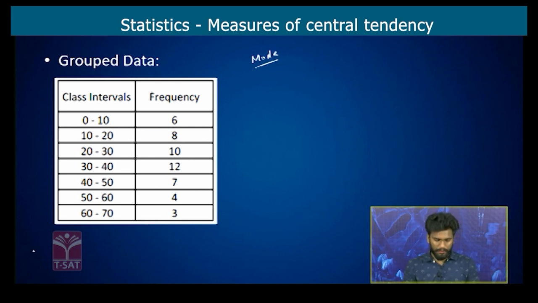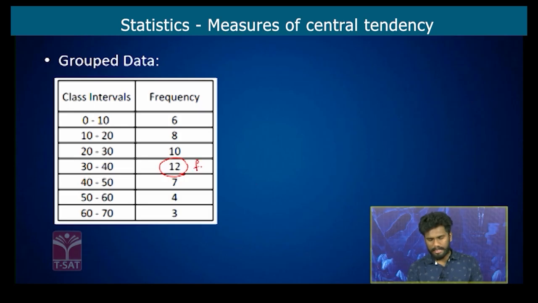Here, which has the highest frequency in the frequency column? 12. Now mark that as frequency 1, f1, and the frequency above it is marked as f2, and the one below it is marked as f0. For this kind of data, how do we find the mode? Check here. Which has the highest frequency?